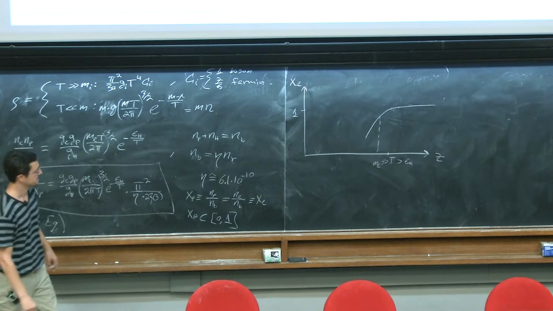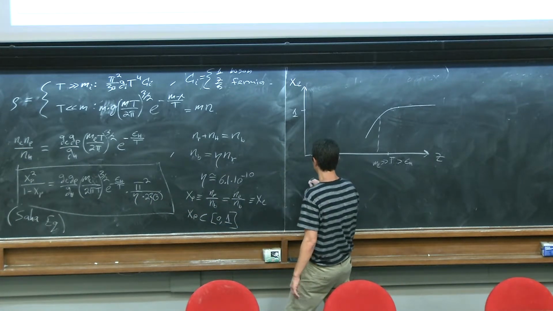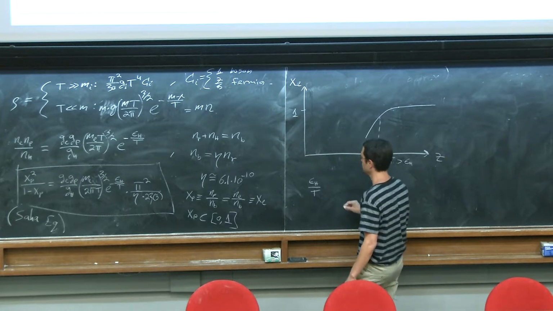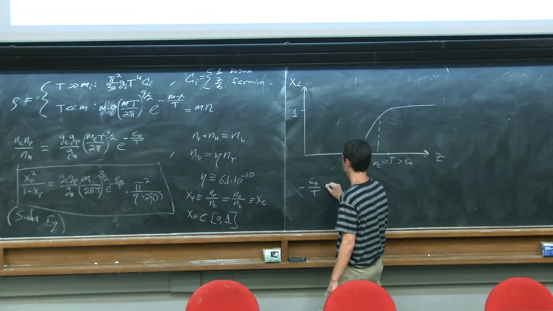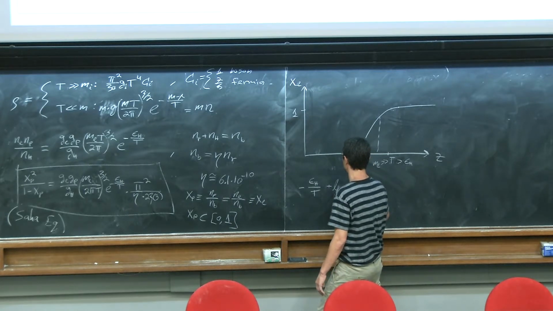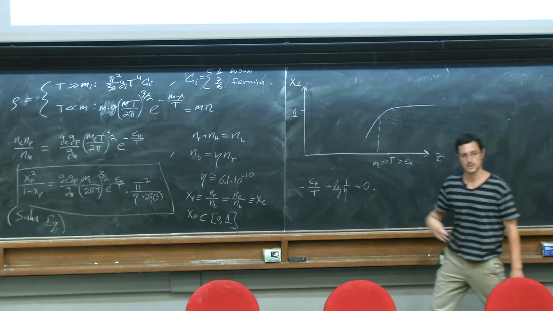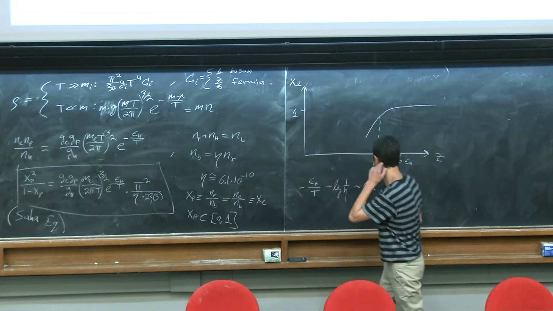Okay? And so the log is of order 0 when minus EH over T plus log of 1 over eta is of order 0, ignoring all the order 1 numbers and polynomial corrections, okay?